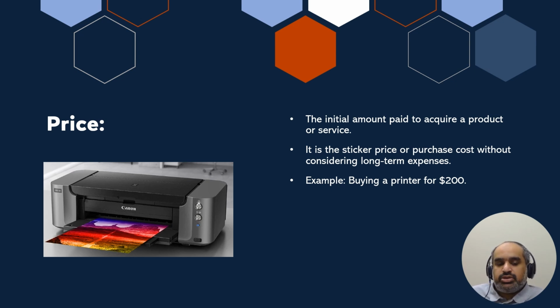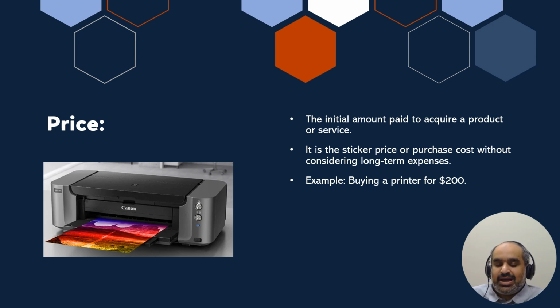Coming back to the example, let's suppose you want to purchase a printer for your home or your office. What should be your consideration? Should you be looking for the printer that is the cheapest? For example, buying a printer for $200, or $300, or $500.